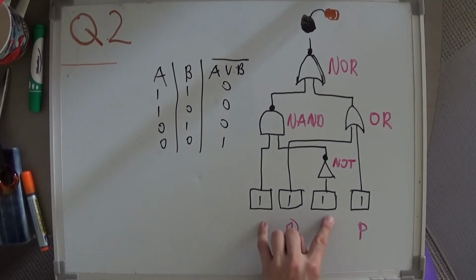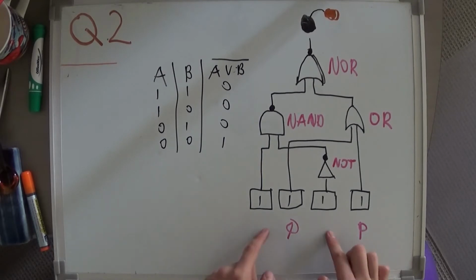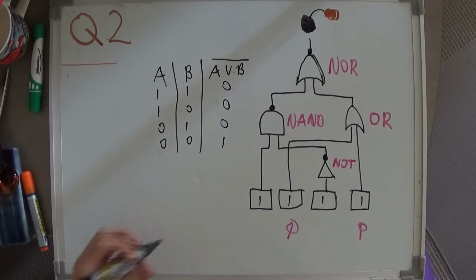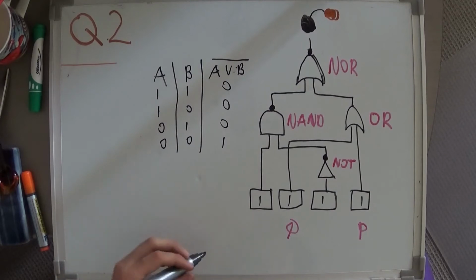Okay, now let's have a look here. We're feeding into a NOT AND gate. So we want any situation that isn't AND. Okay, so let's write a quick truth table for this NOT AND gate.